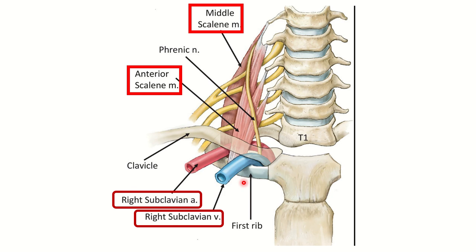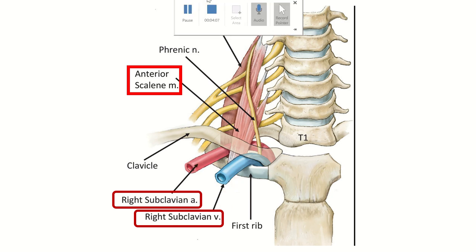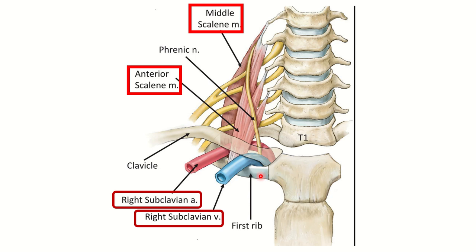Another important point is that the subclavian artery and subclavian vein both arch over the first rib. Here we can see this is the first rib. They overlie the first rib, but lie below the clavicle.